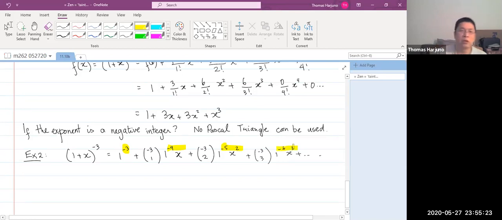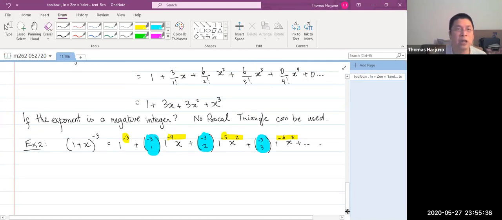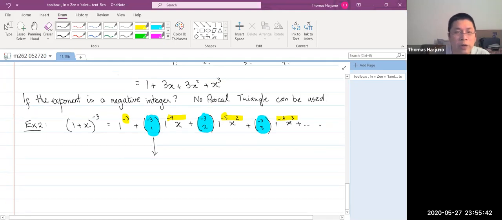So the coefficient is not too hard. The coefficient is easy. The thing is how to compute it. Then we actually use the idea that we have earlier. Negative 3 combination 1 means I start from negative 3, with one factor on the top and one factor at the bottom.